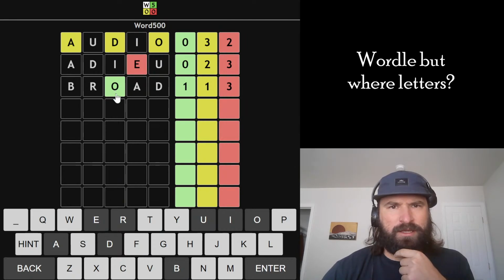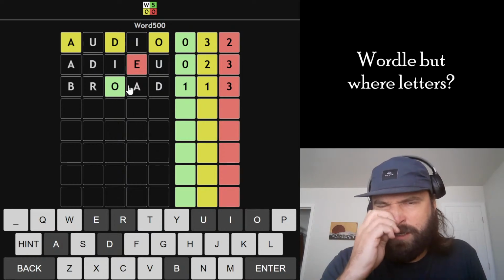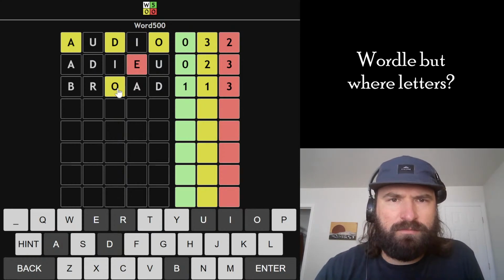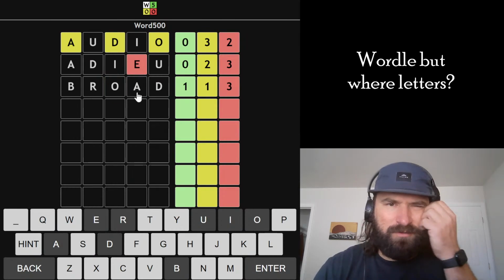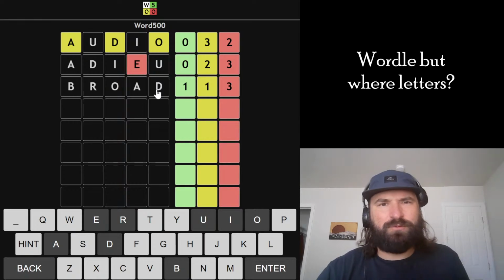So I don't really like the O being green, so I'm not seeing that really working. So I'm more tempted to maybe leave the A. No, I think there's going to be a D in the word. So maybe the word ends in D? That's weird too.